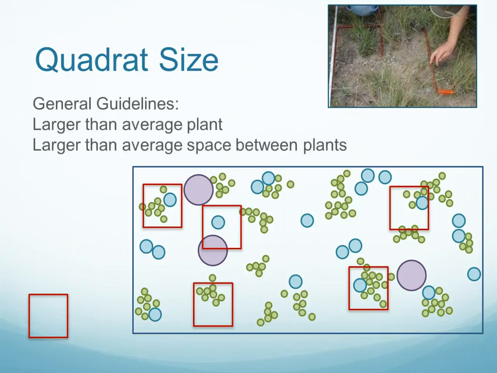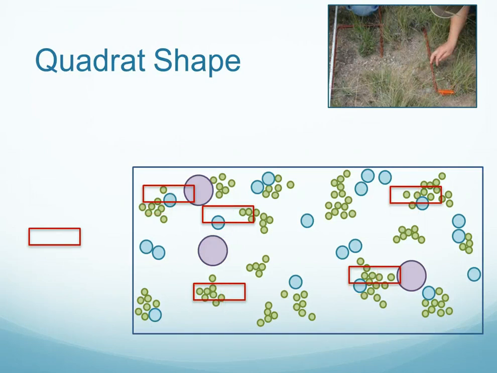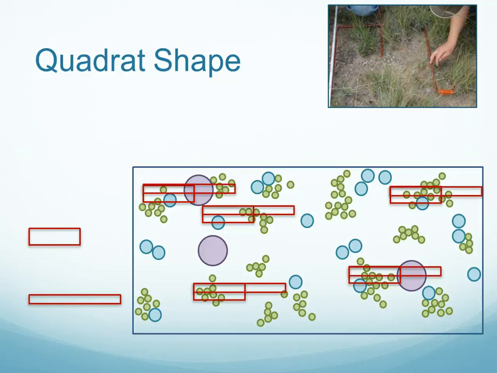In general, the guidelines are that you want your quadrat size to be larger than the average plant and also larger than the average space between plants. Let's consider quadrat shape. If we go from a square quadrat to more rectangular quadrats without changing the size, we find that in patchy vegetation, we can include more plants and cut across the variability of the vegetation.